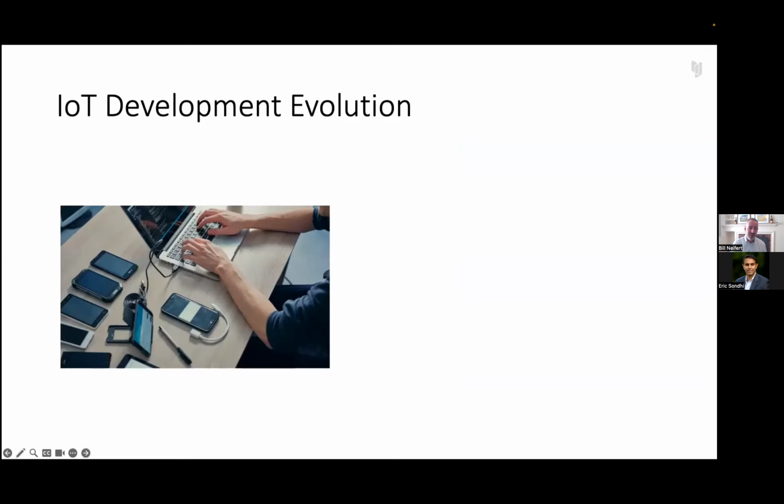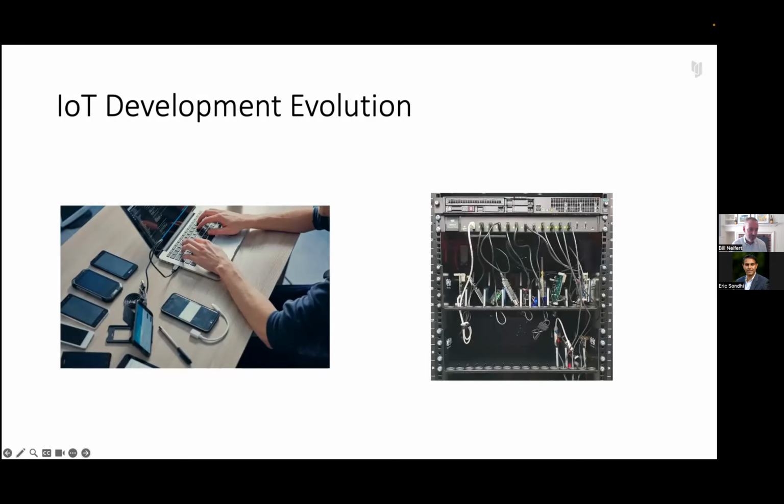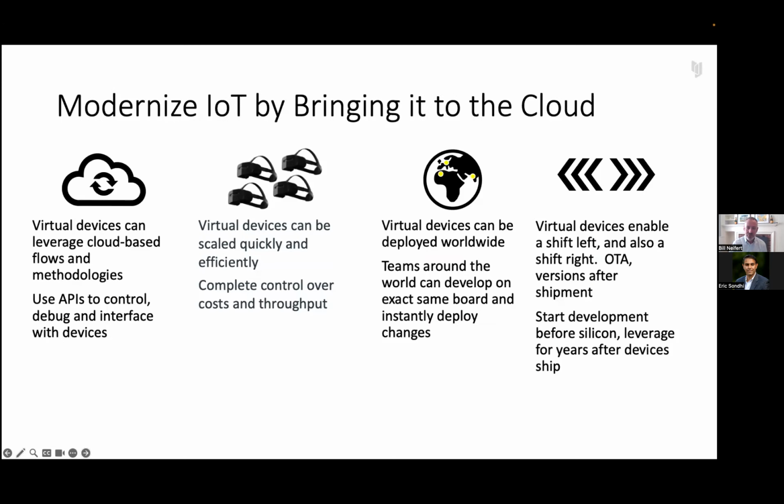Tied in with this, if you look at how development is evolving, it's going slowly from being done like embedded devices have always been developed, sitting there on a desktop, with a developer, merging out to device farms. So let's talk about moving this into a more modern development paradigm. Let's modernize IoT by bringing it to the cloud.